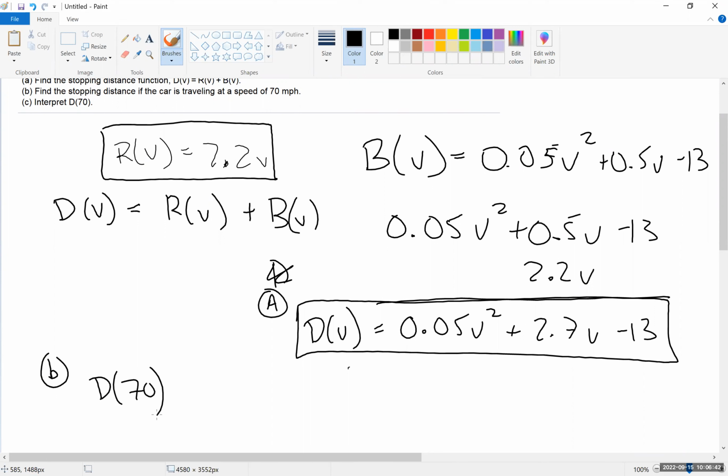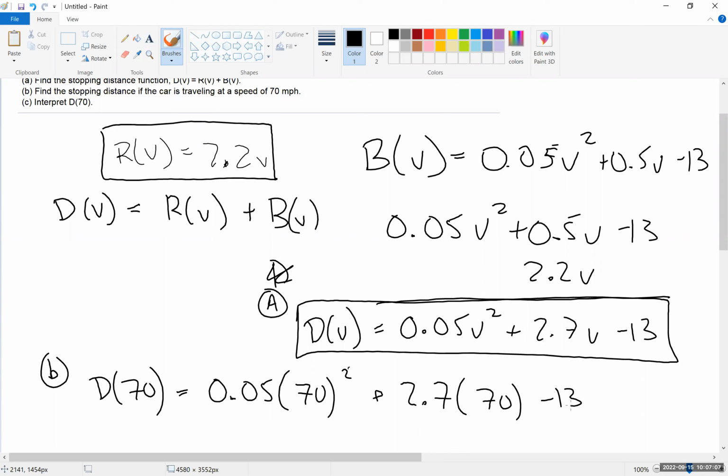What is the stopping distance when the velocity is 70? D(v) means everywhere we see v in the equation, we write 70. So it's going to be 0.05 times 70 squared plus 2.7 times 70 minus 13.